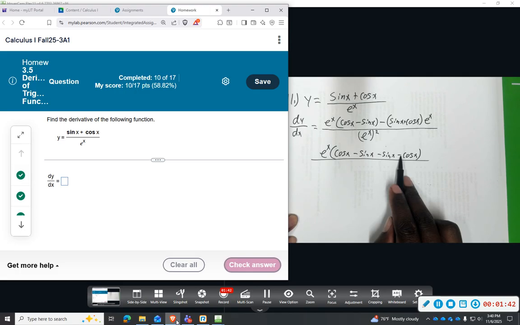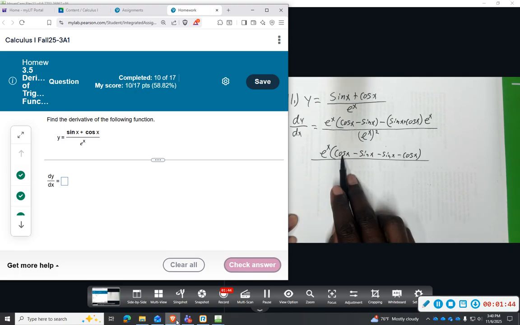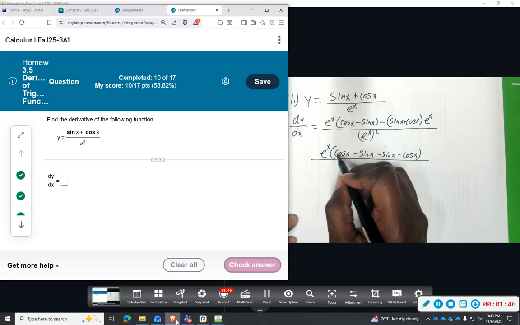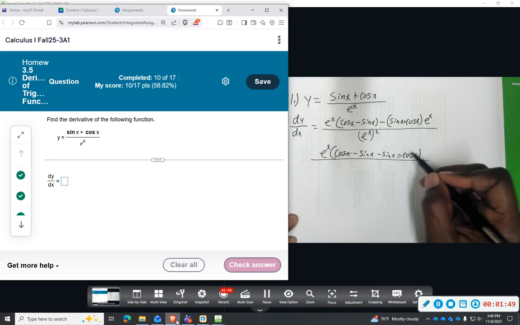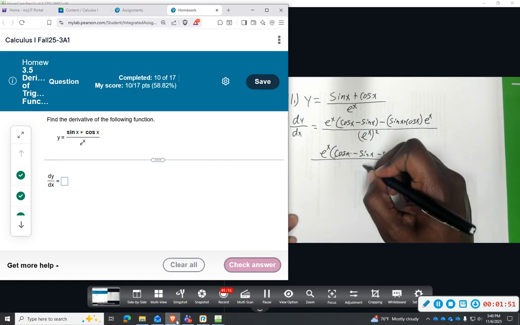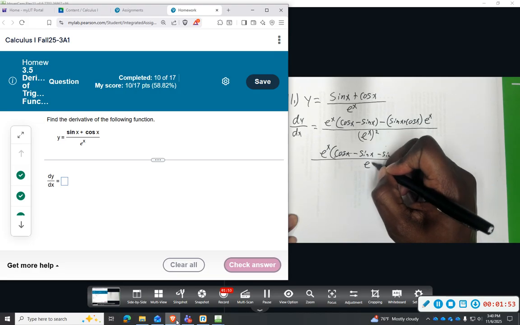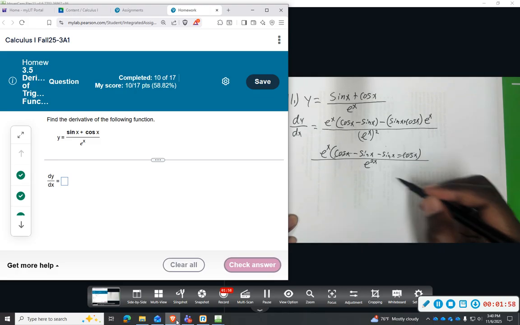Then you have a minus sine x and a positive sine x, and a minus cosine and a positive cosine. They will cancel each other, giving us a negative 2 sine x, and on the bottom I can say e to the 2x, property of exponents.